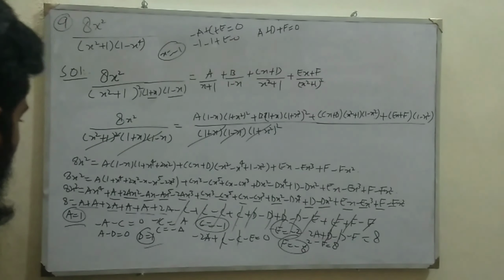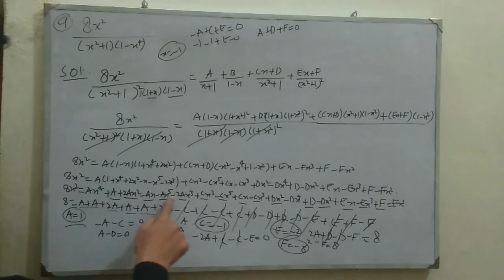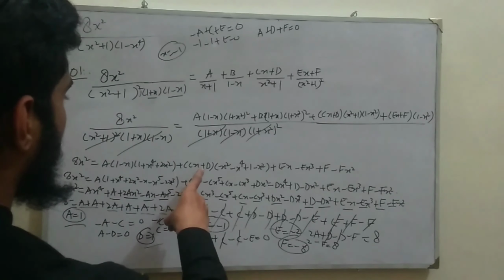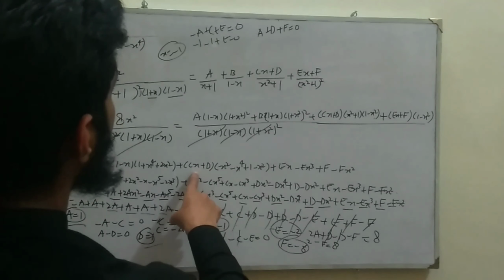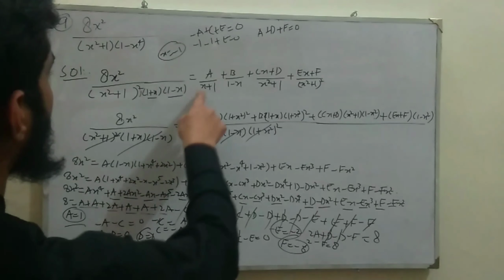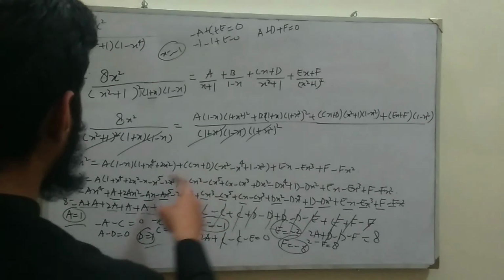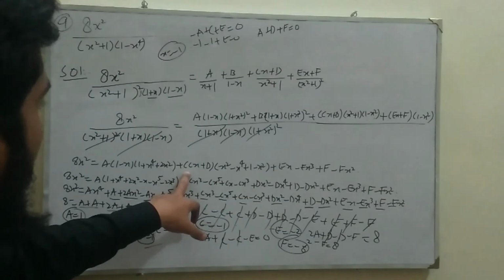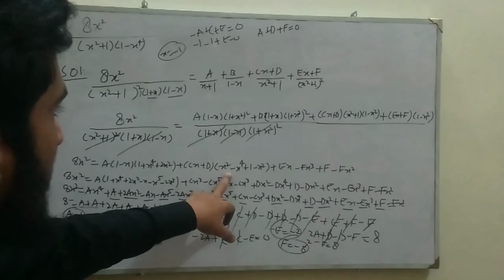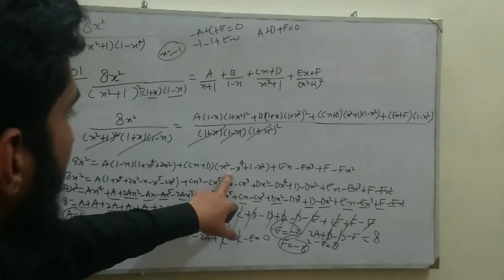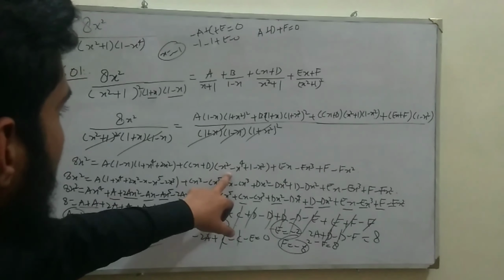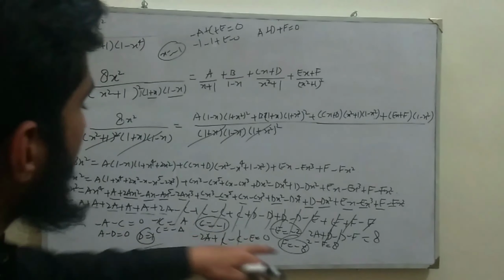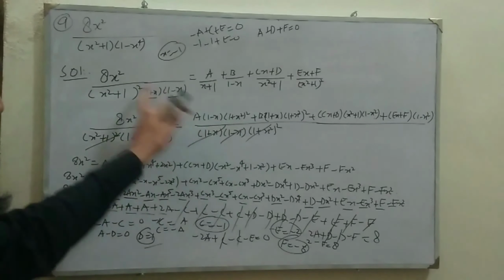We are interested in the value of b, so from this equation find out b. Now putting these values a, b, c, d in the given equation to resolve the given fraction into partial fractions.